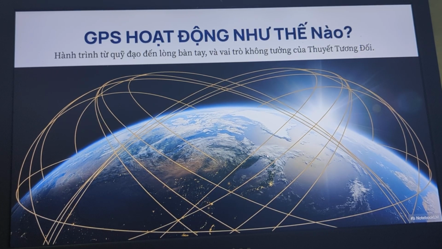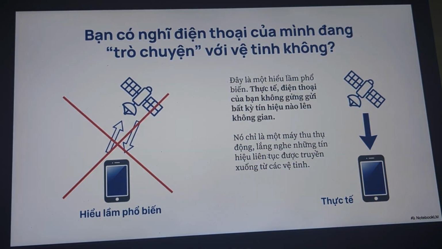Firstly, I want to talk about the GPS system. As I know, the GPS system has three basic parts. The first is the satellite, the second is the ground station, and the third is the receiver. The receiver is our smartphone.